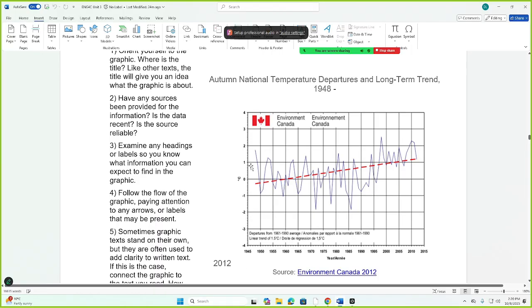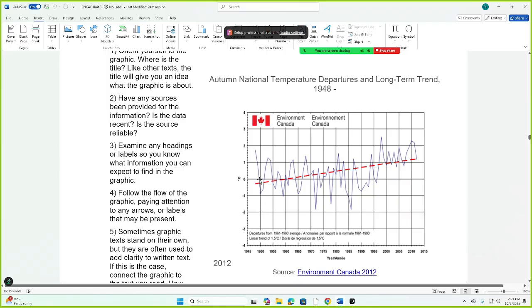Right, so let's just quickly look at an example here. Let's look at 1950. And so, of course, the axis is the years, from 1945 to what we have here, 2015. But let's look at 1950.